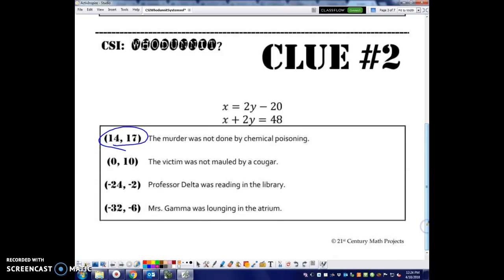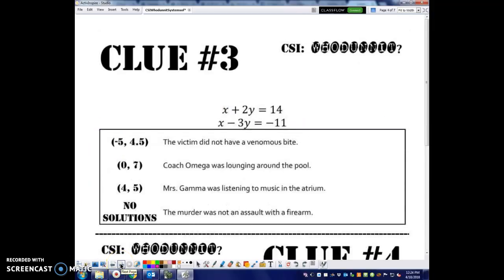Clue number 2, this is your problem, and these are your solutions. Hit pause if you still need to solve it. Clue number 3, this is your problem, these are your solutions.